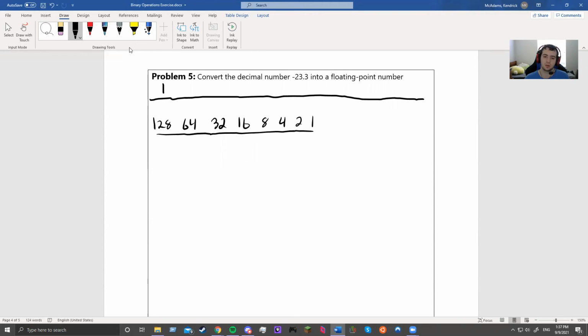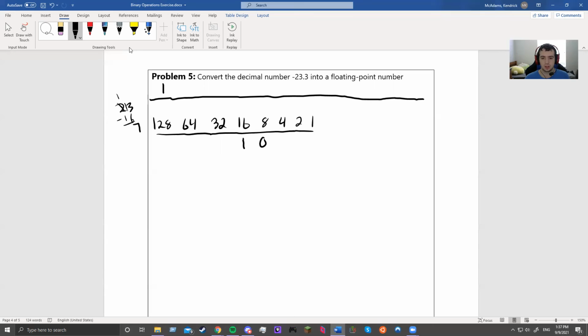Neither does 64 or 32, but 16 does. So we're going to put a 1 here. And now, like I did earlier, we're going to do 23 minus 16. All right. So easy. Put the 1, 13, 13 minus 6. That's 7. All right. So it's 7. Does 8 fit into 7? No. So we're going to put a 0.